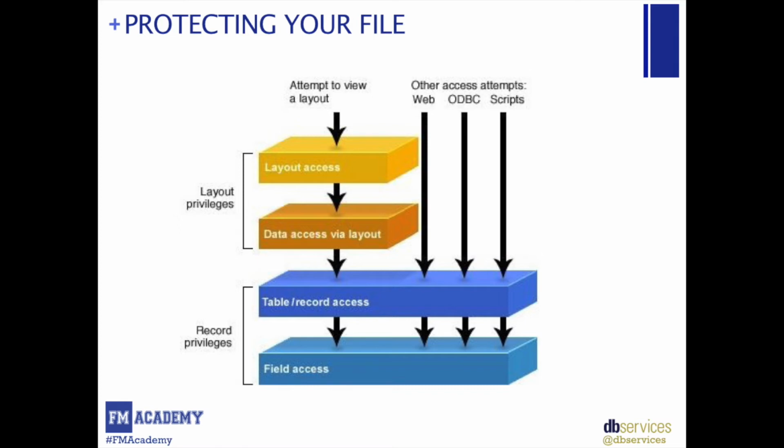And that is the right half of the chart here. You can see that it completely bypasses the layout privileges. And the only thing I'd like to point out is the only true way to 100% protect your data is to use record level security or record privileges.